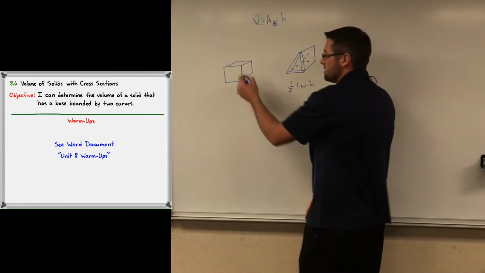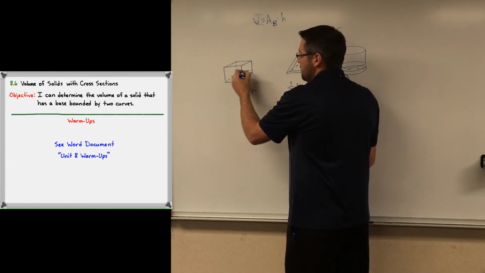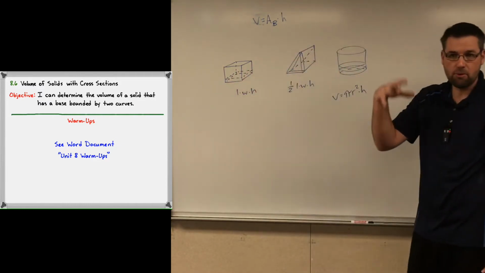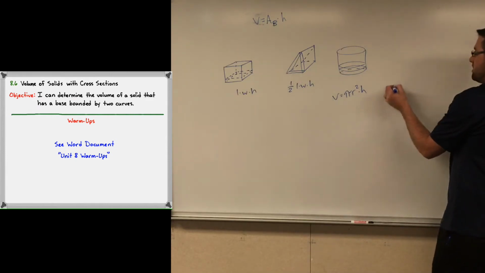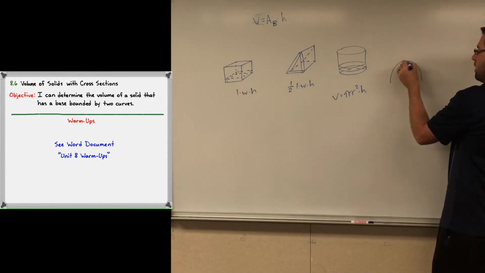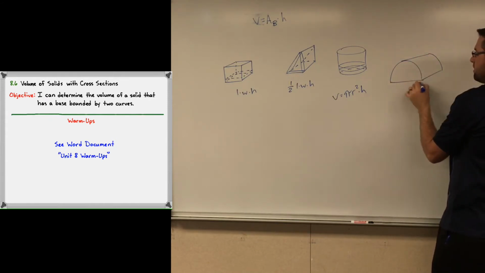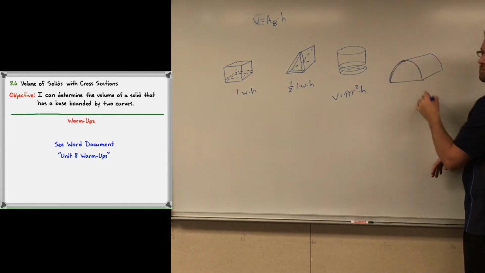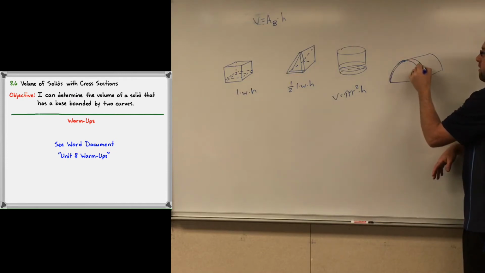In this case, what's the base? Maybe a rectangle or a square, depending on how you look at it. But you take the area of the base shape and times it by the height. So that principle will be used for today's concepts. What if I wanted the volume of this guy? Let's say this is a half circle.